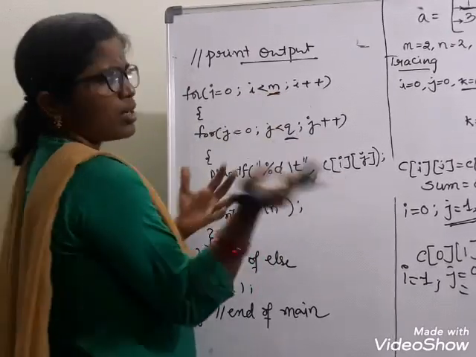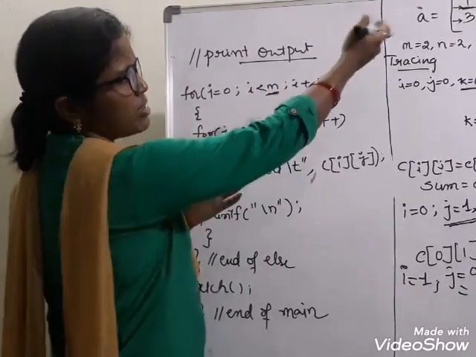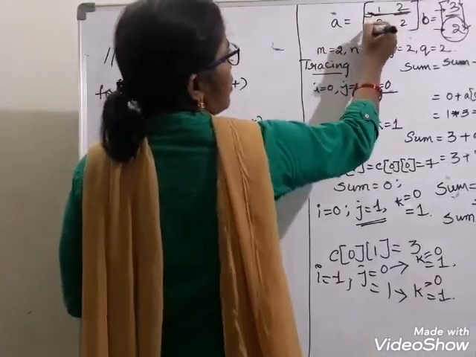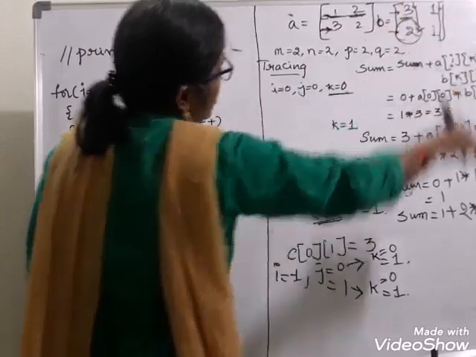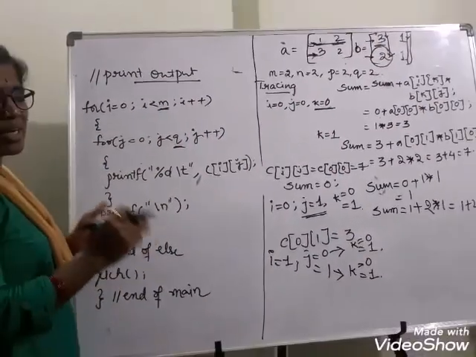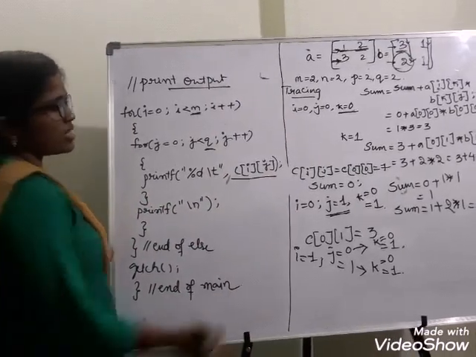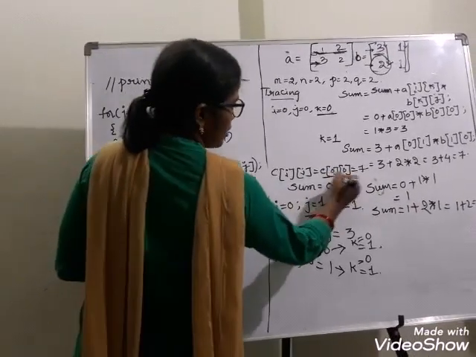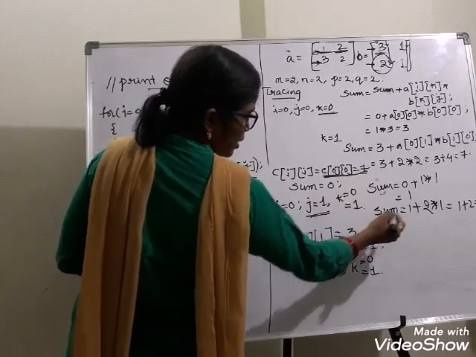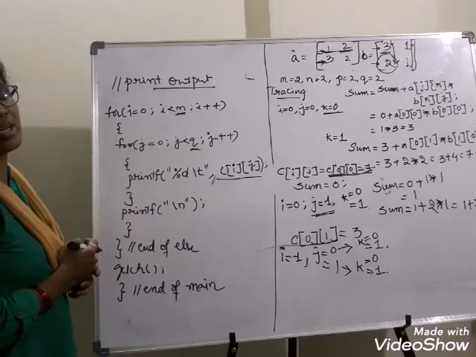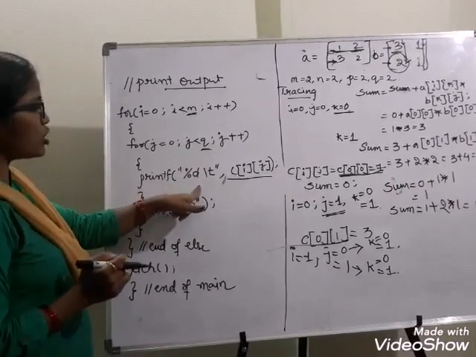Same as how we perform the multiplication based on the number of rows, these are nothing but m's, and these are nothing but q's. So based on m and q, we will write the output. So we'll write Cij. Here we got the Cij, this value 7, and this Cij, 3. So like this we can print the output.